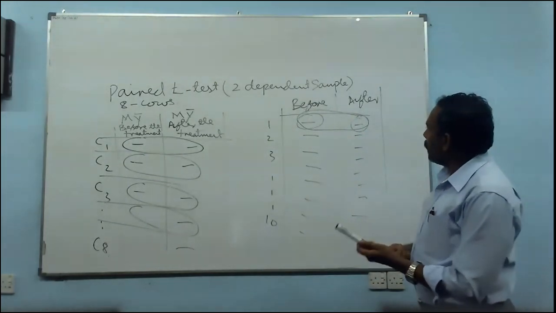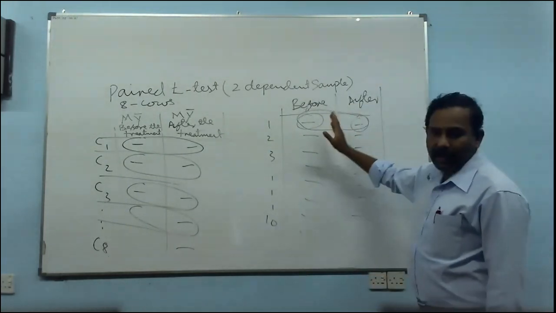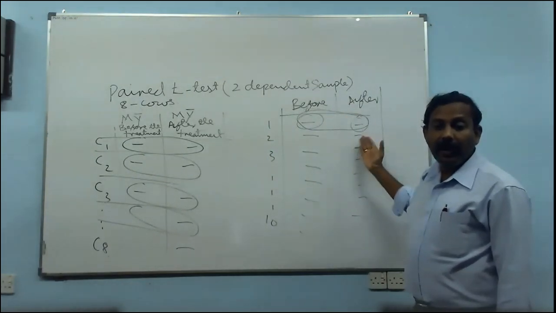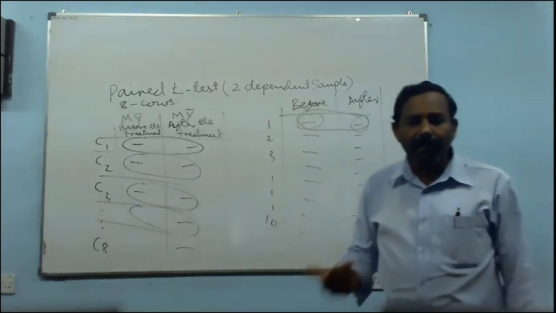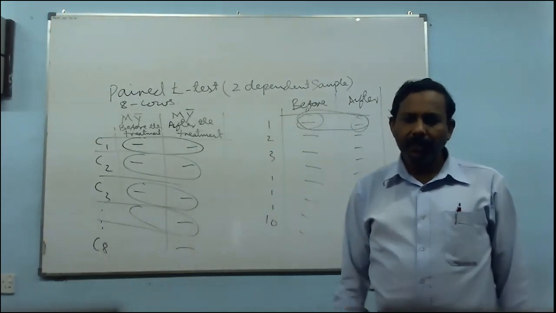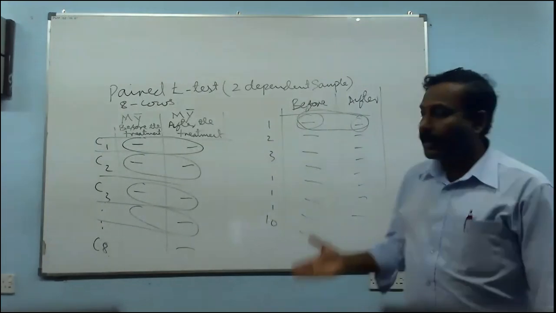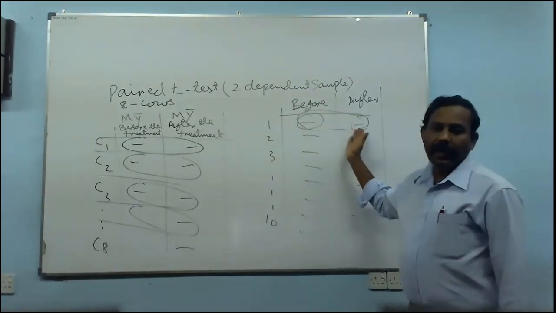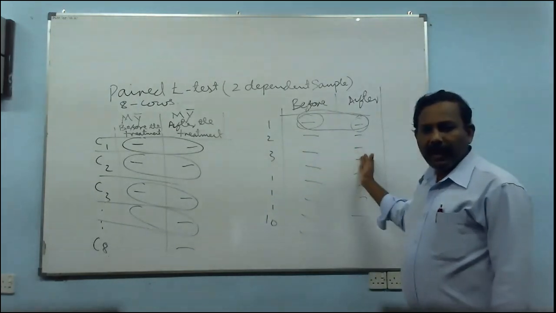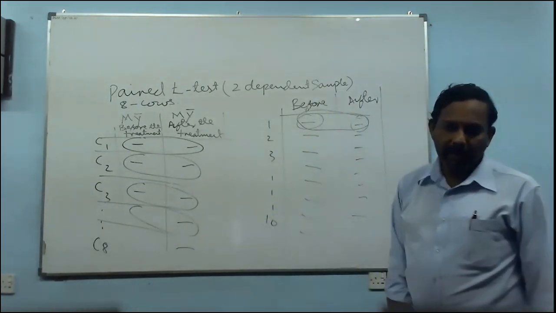So now we can evaluate whether this project has an effect on increasing the income of farmers. That we can test. So here it is called dependency. There is a dependency between these two populations.